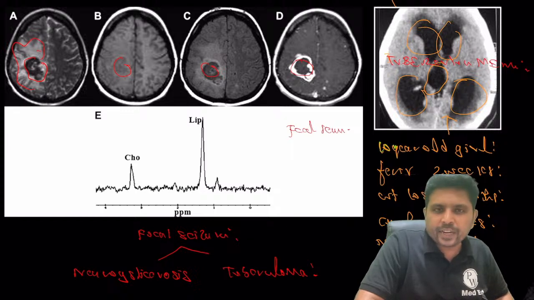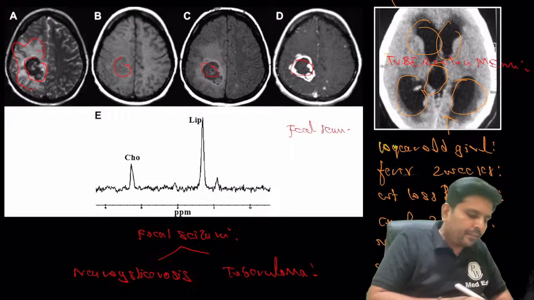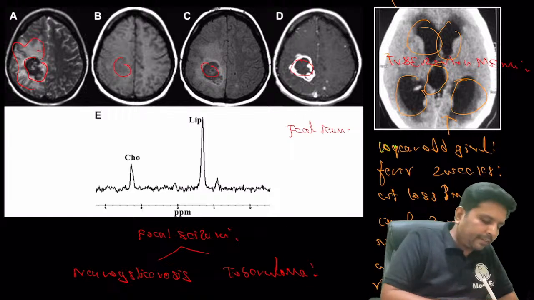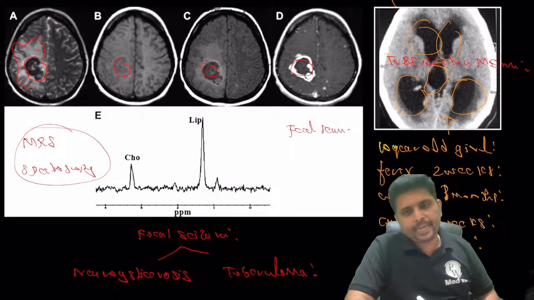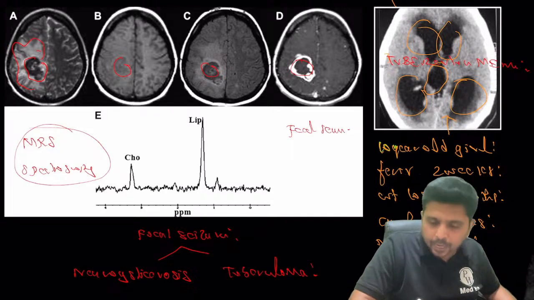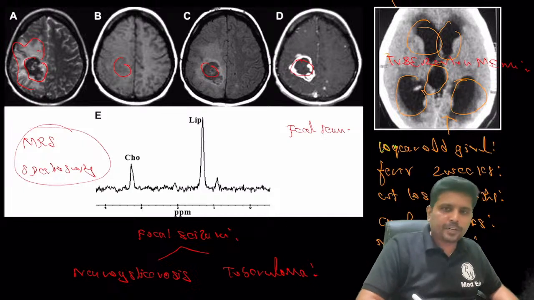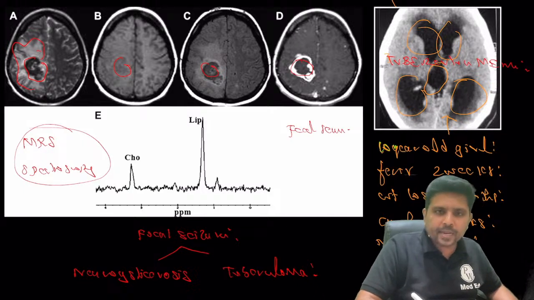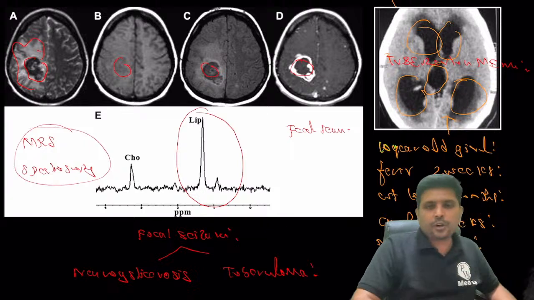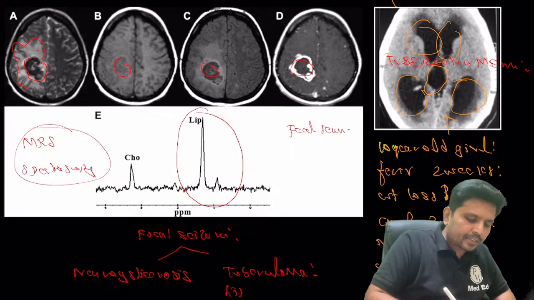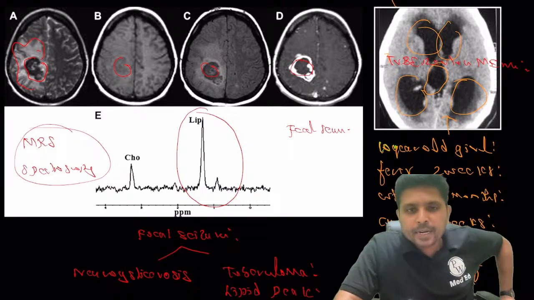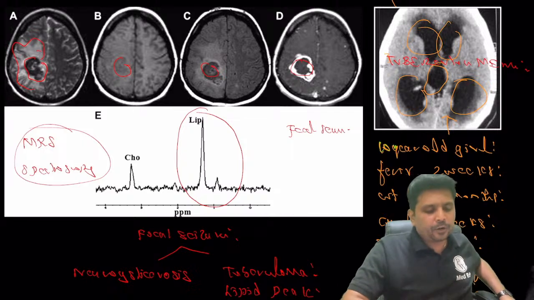The answer is very simple. With the help of an MRS spectroscopy. Here in this case, the MRI spectroscopy had revealed a peak. What is this peak? This is called lipid peak. So this lipid peak is suggestive of tuberculoma.